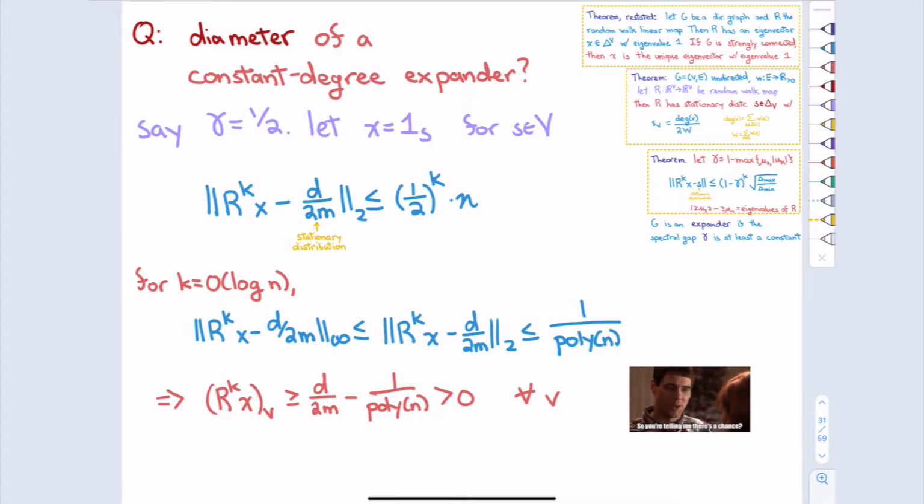So what does that tell us? That means that if you take roughly log n steps, 10 log n steps from S, you have a non-zero chance of reaching V for any V, right? So what does that say about the diameter?